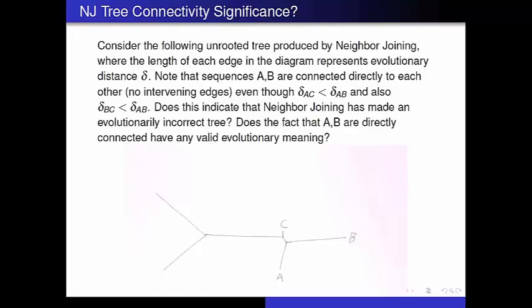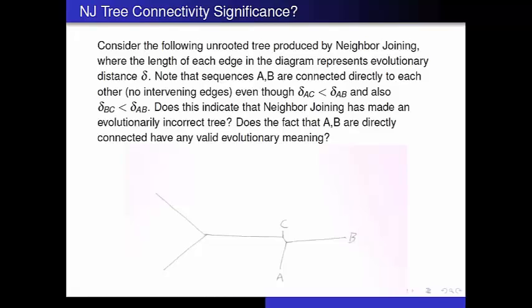So the question then is how this structure would relate to the actual evolution of these sequences. So the first aspect is this funny property that we appear to have a much shorter distance going from A to C than actually between our purported neighbors.